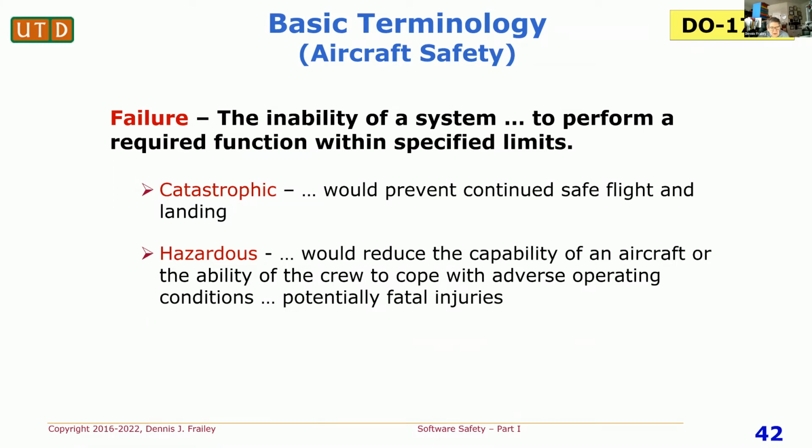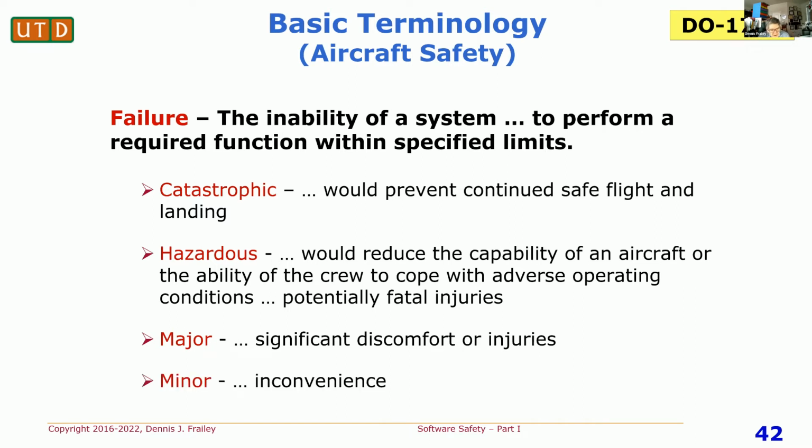In other words, catastrophic means there's nothing the pilot can do about it. Hazardous means the pilot may be able to do something about it, but it's going to take some effort. Major is significant discomfort, like a lot of people bounce around in their seats and maybe hurt themselves or something. Minor is inconvenience, like the heating system shuts down and everybody's too cold for a while or something. That's the way the aircraft people look at it.